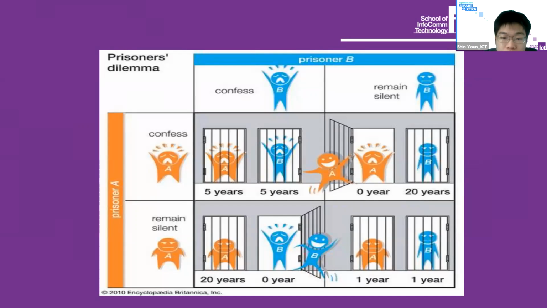Both will be sentenced to 1 year each. However, if one chooses to confess while the other does not, then the prisoner who testifies will go free and the other prisoner will be sentenced to 20 years in jail. Additionally, suppose both prisoners A and B testify against each other. In that case, each will receive a 5-year sentence due to their contradicting statements.